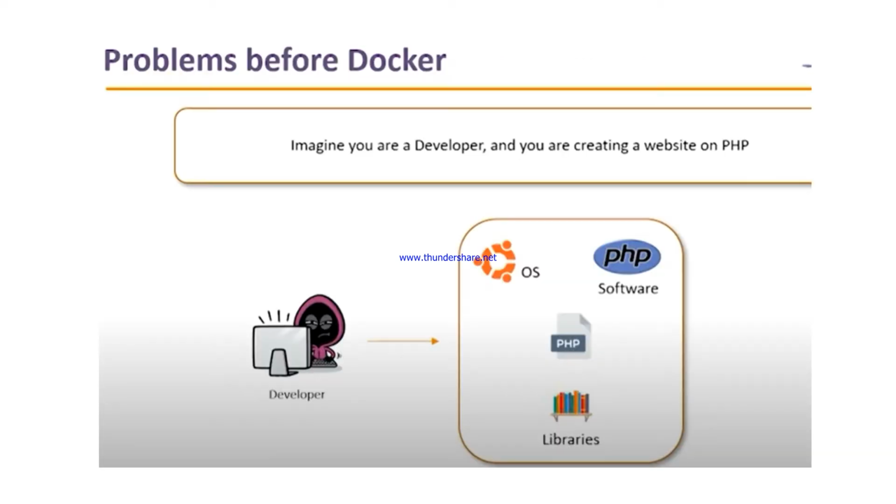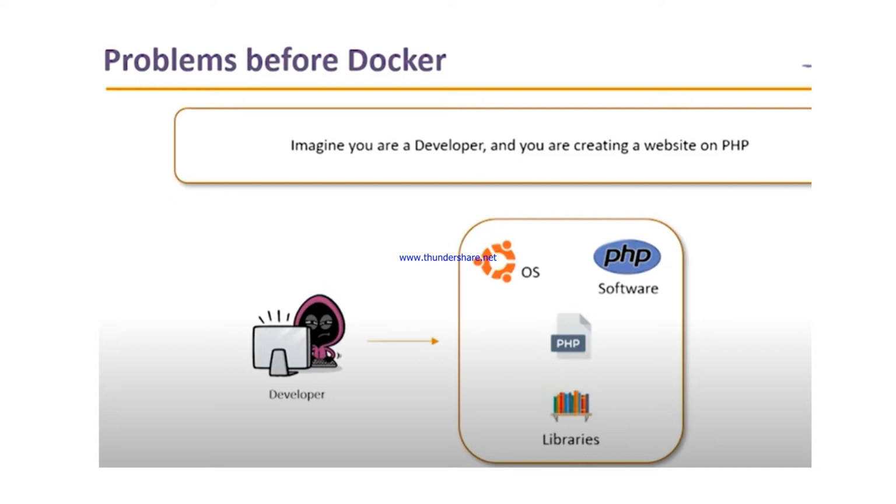Coming to Docker, before Docker we faced a few issues. I am going to tell you one scenario. Assume that I am a developer working on a PHP related project. One developer working on a PHP related project means in the back end we need an operating system and PHP software.